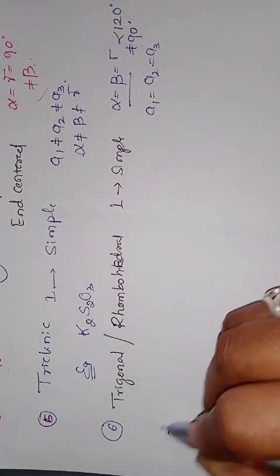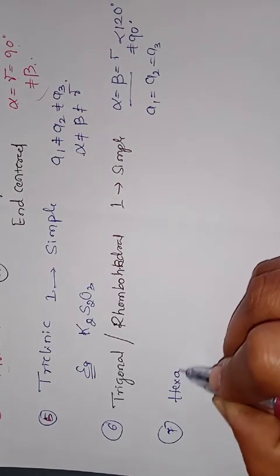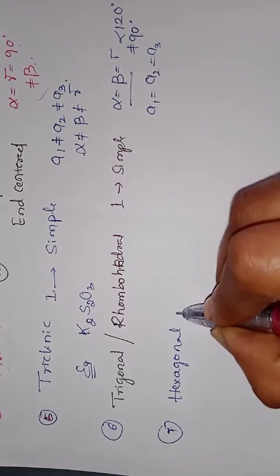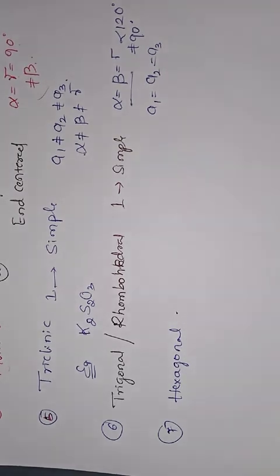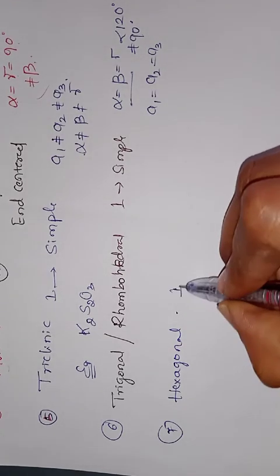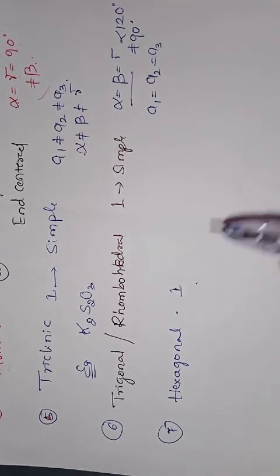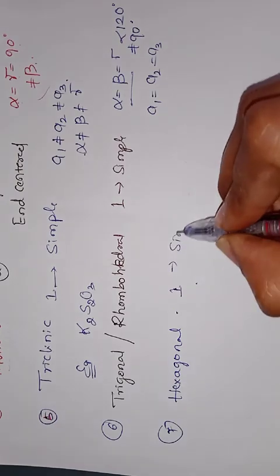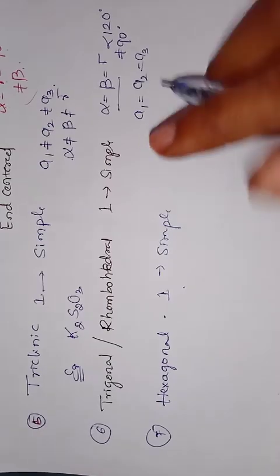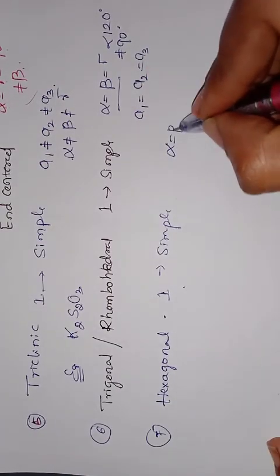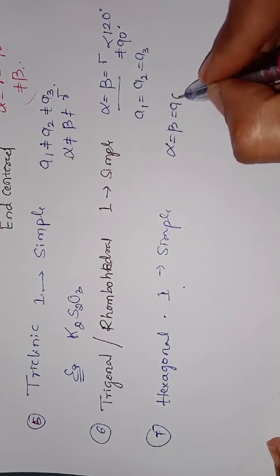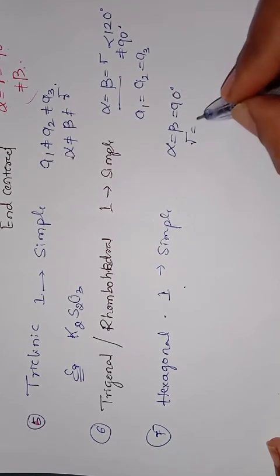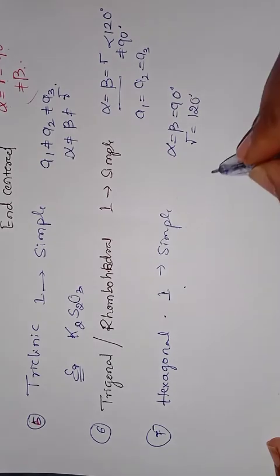Then the last one is the hexagonal crystal system. Here also the number of lattices is 1, which is simple. Here the lattice parameters are alpha equal to beta equal to 90 degree, and gamma is equal to 120 degree.